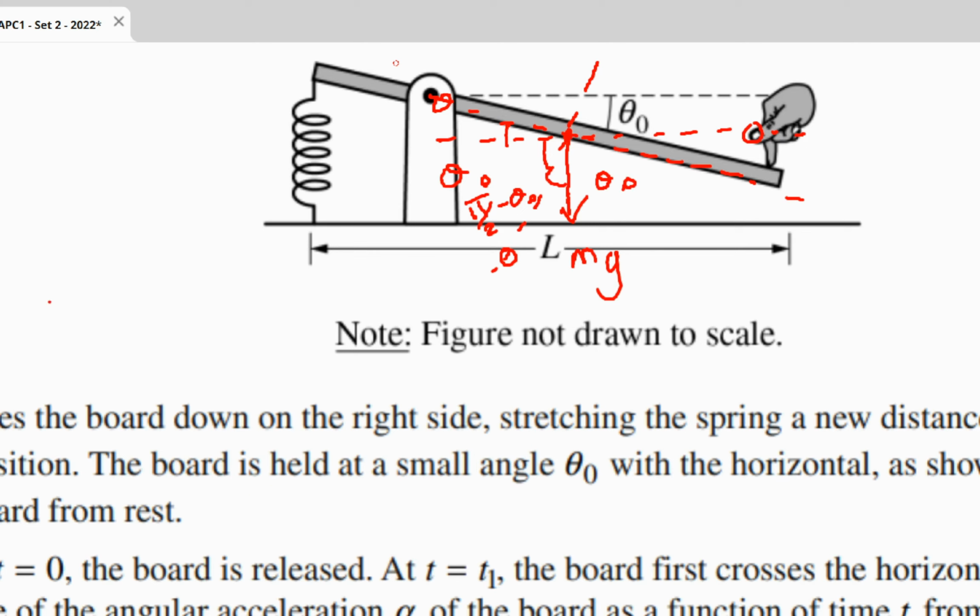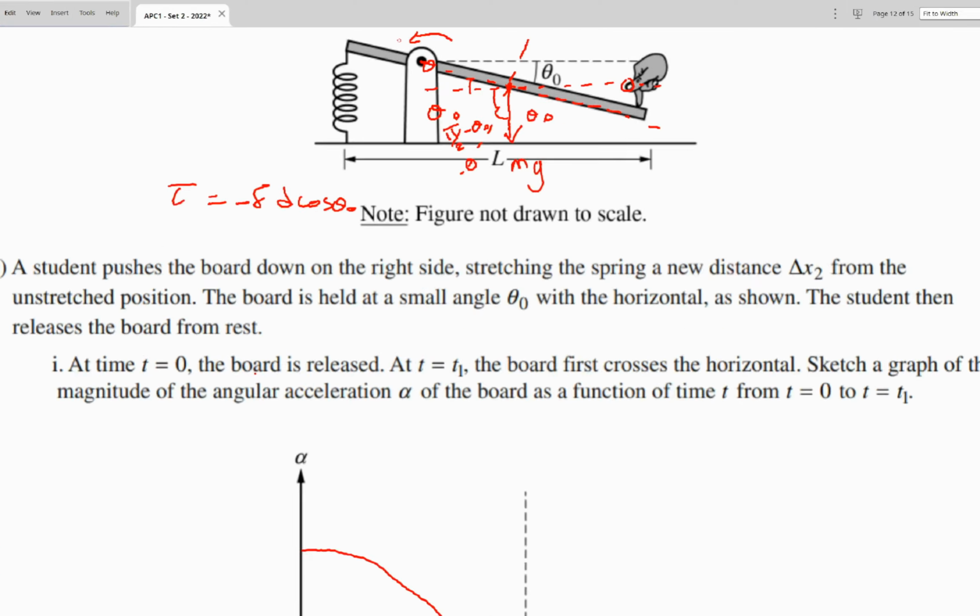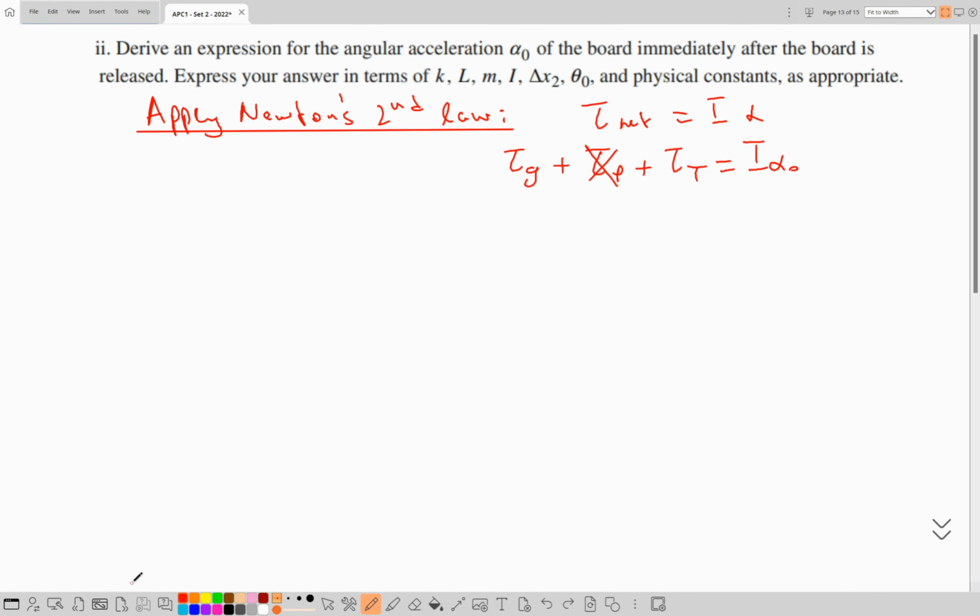And now what does the torque state? The torque is the force times the distance times the cosine of the angle between the force and the tangential direction, which is cosine theta 0 basically. And we're assuming that the positive direction is anticlockwise, so that would be negative. So here we can safely say that the torque provided by the pull of gravity is given by minus mg times the distance, which is L over 4, multiplied by cosine theta 0.